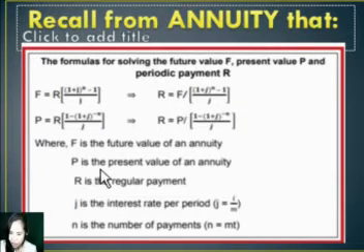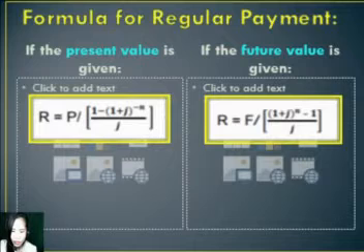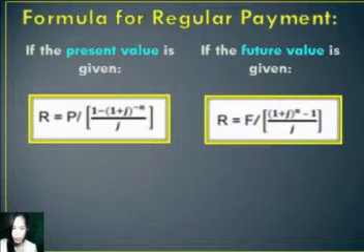J is the interest rate per period and N is the number of payments, so we have M times T. Based from this formula, let's try to remember this one. We will be using these formulas to find the regular payment or the periodic payment.